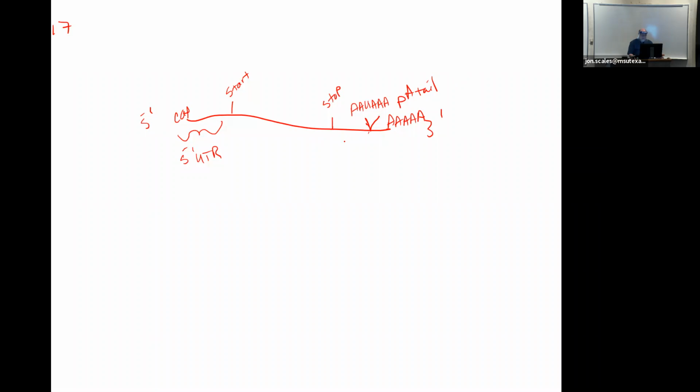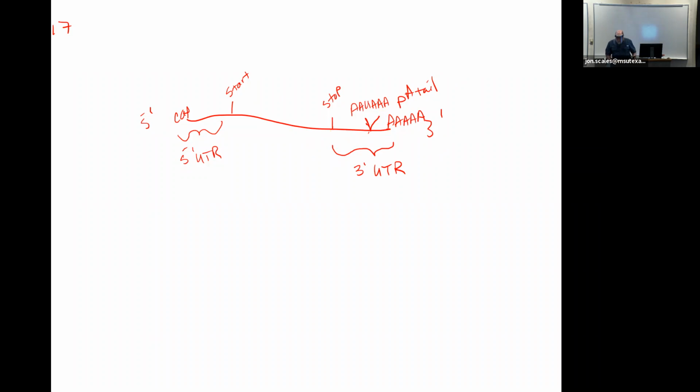So I do a little thing there to say, okay, it's right around here. And everything here, technically only up to the beginning of the poly A tail, but if you included the poly A tail, I don't think anyone would hold that against you. I wouldn't fault you. All right, so that 3' untranslated region is everything after the stop codon, okay?